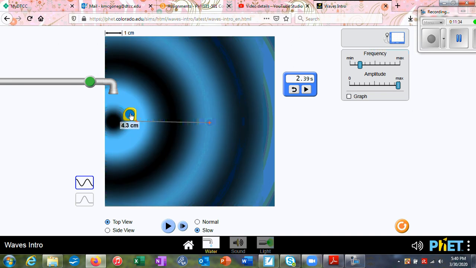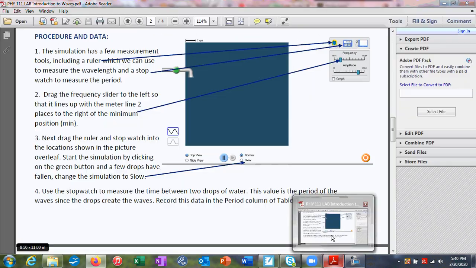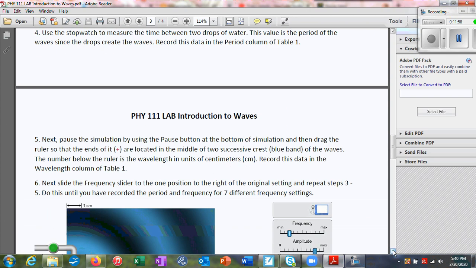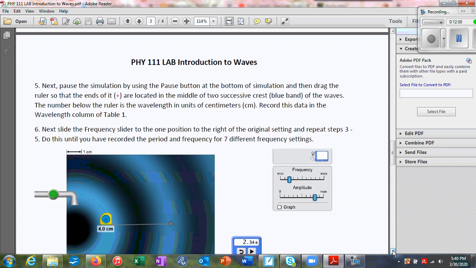So if I want to go right from the crest to the crest, I'm at the brightest part here, to there, the middle of this crest to the middle of this crest. So that's how to do all that.